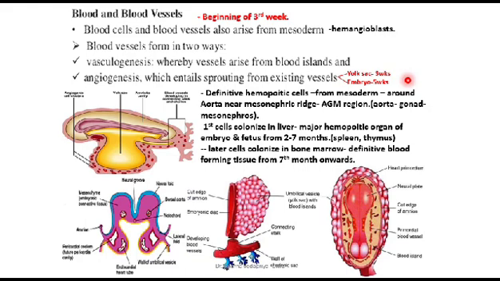That's how the circulation starts. So these definitive hemopoietic cells, which are formed in the splanchnopleuric mesoderm, are formed around the aorta near the mesonephric ridge, which is called the AGM region, that is the aorta-gonad-mesonephros region.